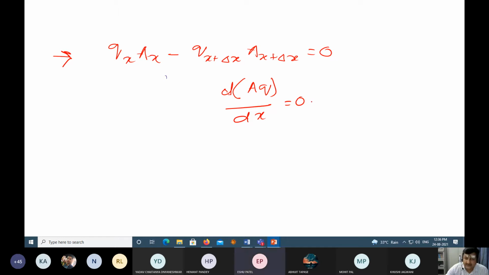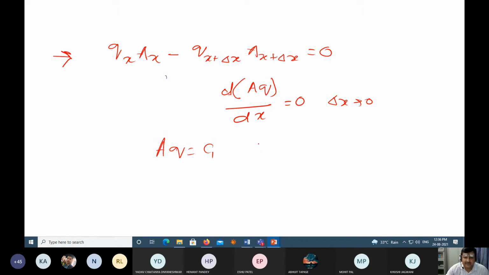The limit here is delta x tends to 0, correct? So then what is the solution here? Sir, AQ is constant. Very nice. So I have a solution: AQ is equal to C1. Now, what is C1?